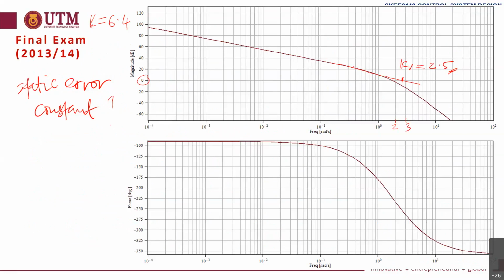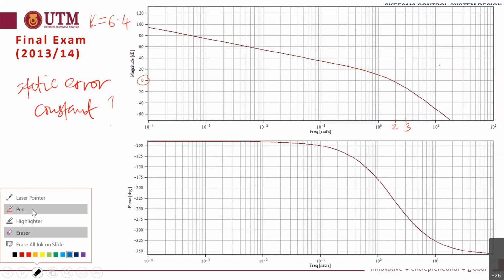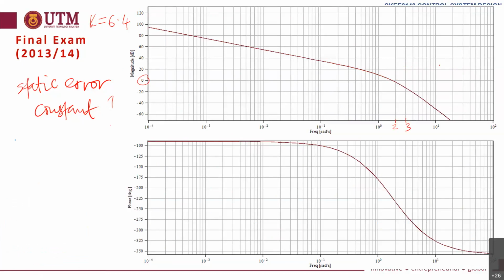So if you print, please modify the graph. We want to modify it by shifting the magnitude by 19.4 dB. We need to shift the magnitude by 19.43 dB.